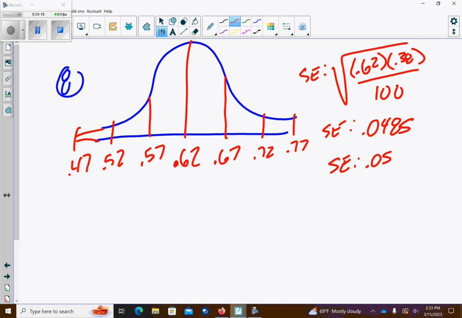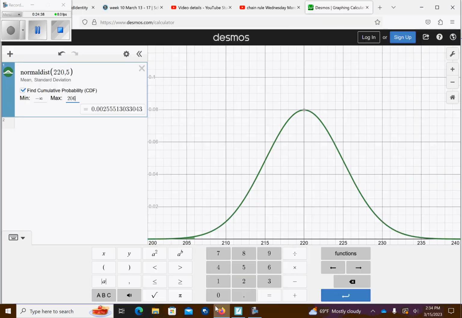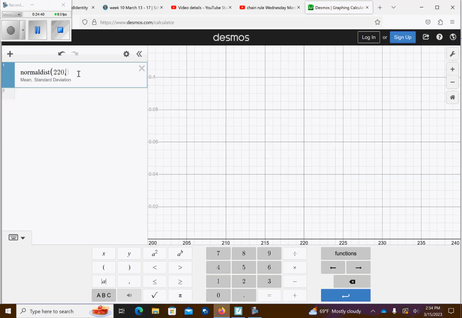And then calculate the p-value. So then we want to find out what our p-value is. Originally it was this. The customers that they surveyed were here. And so we want to show the area to the right of that. So we can jump on to our Desmos, do our normal distribution.